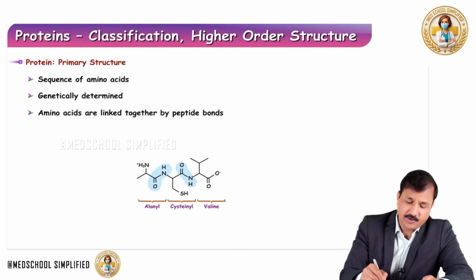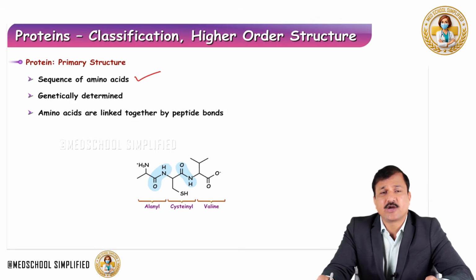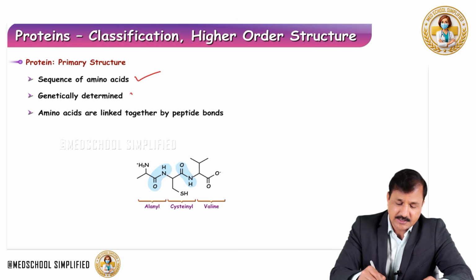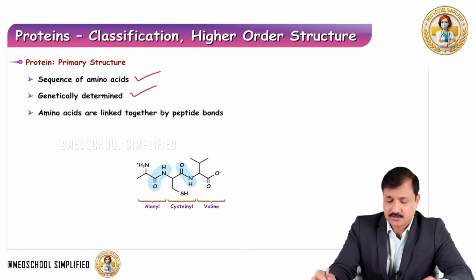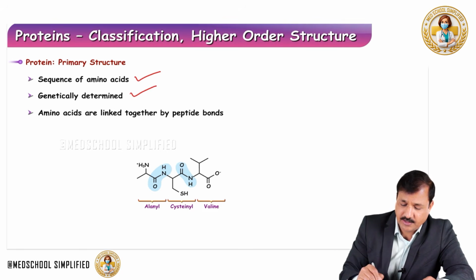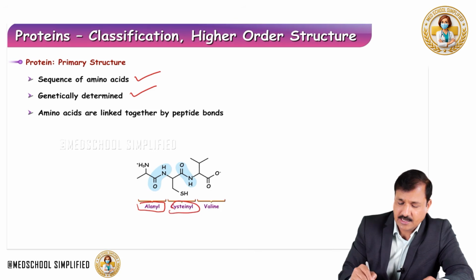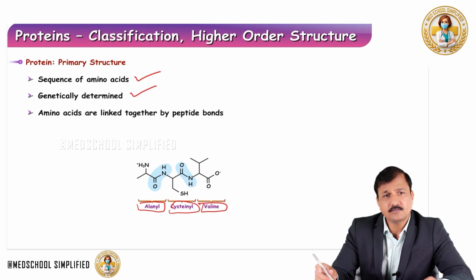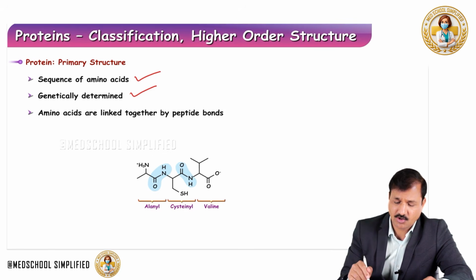Now let's get into primary structure in a little more detail. As I said before, primary structure is a sequence of amino acids joined with one another by peptide bonds, and this sequence is genetically determined. As shown in the figure here, we have alanine, cysteine and valine, three amino acids in a short peptide.